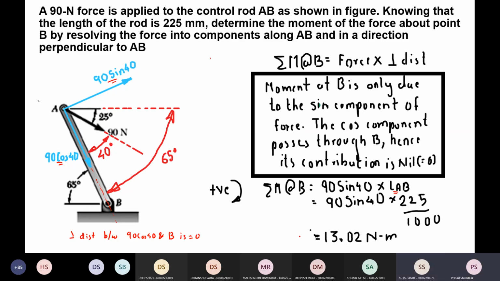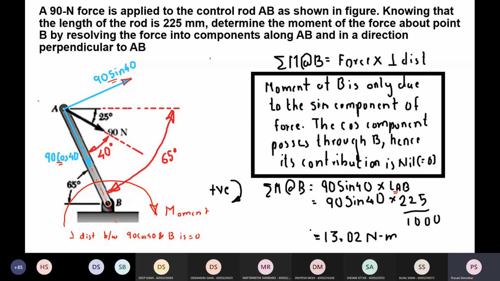Does that clarify? Sir, I did not understand the direction part. Which one? How to take the direction, positive, negative. See, if I look at this force 90 sin 40, this will tend to rotate this rod along the direction of the force, in this direction. This will be the direction of the moment. Sir, can we apply the right hand thumb rule over here?